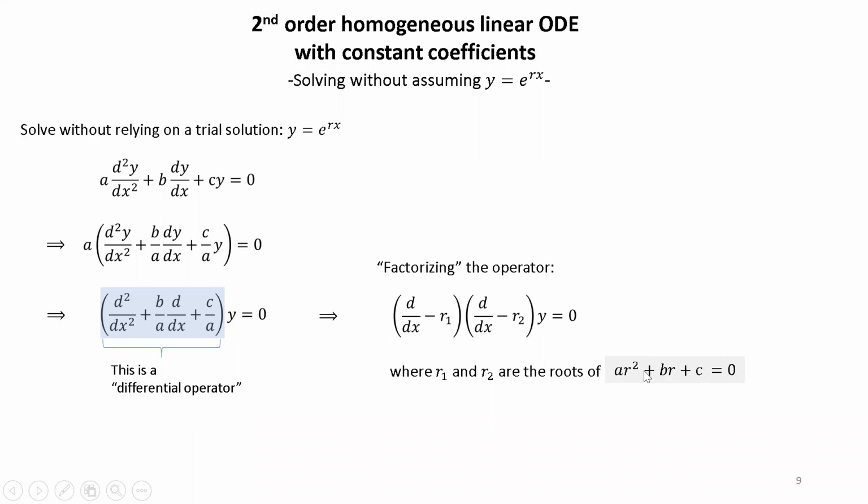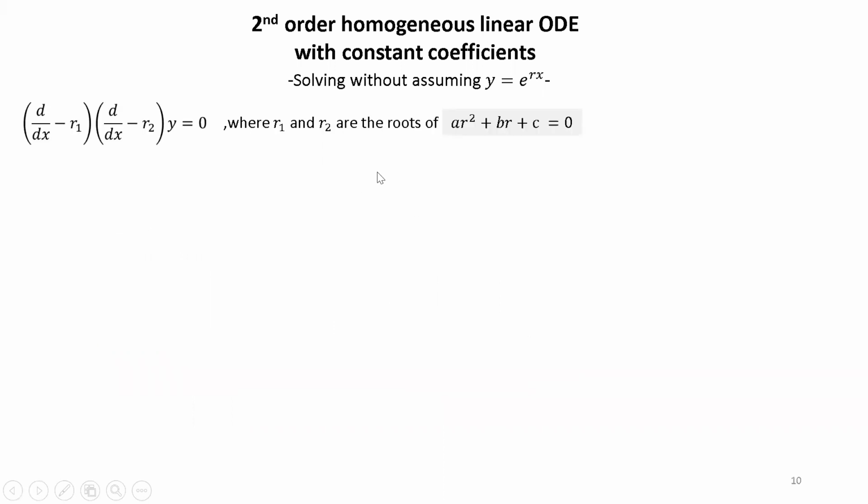Remember, this is the auxiliary equation. So now this differential equation is rewritten in this form, in terms of this product of two operators.